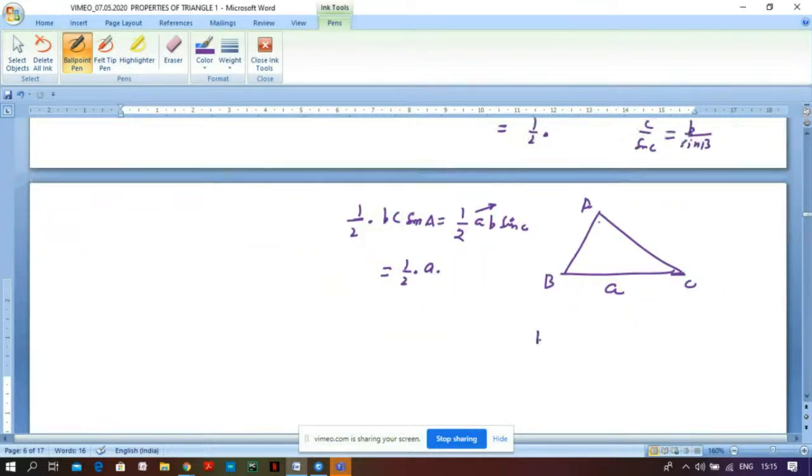So you know that B by C is sine B over sine C, thanks to sine rule.